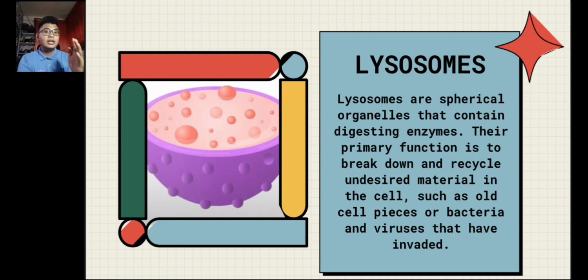Lysosomes are spherical organelles that contain digesting enzymes. Their primary function is to break down and recycle undesired materials in the cell, such as old cell pieces or bacteria and viruses that have invaded.